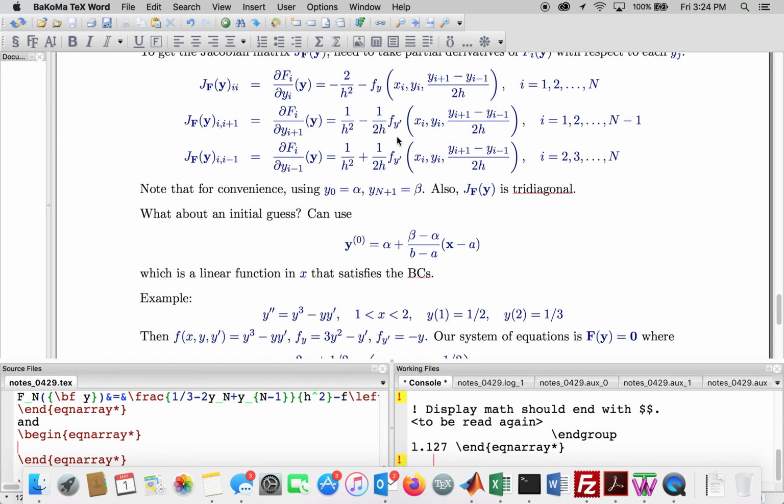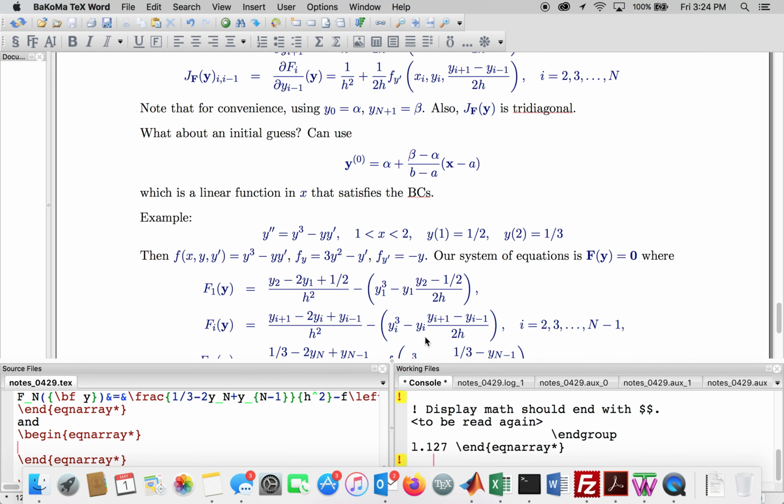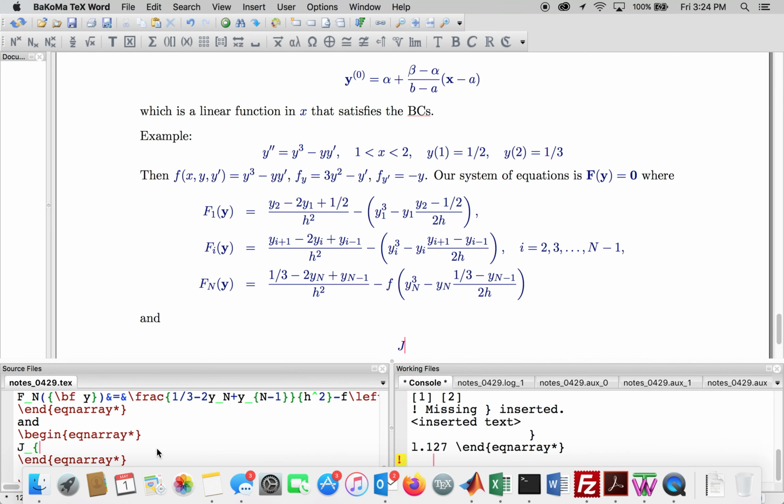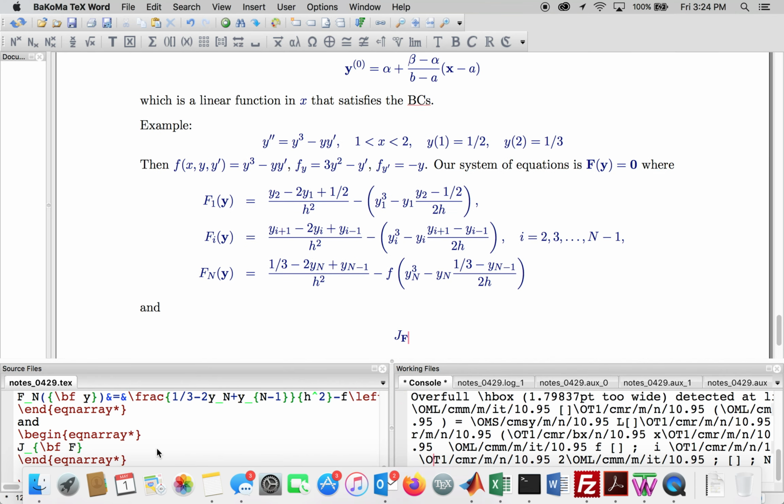Whereas df dy prime is just going to be minus y. Okay, so I can also think of it in terms of differentiating these formulas with respect to y and y prime, if you will. Well, actually, yes, I can do it that way.